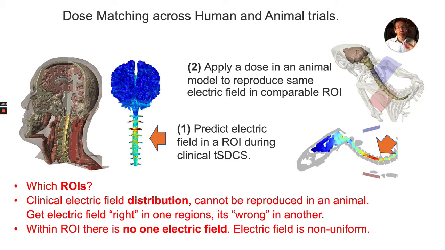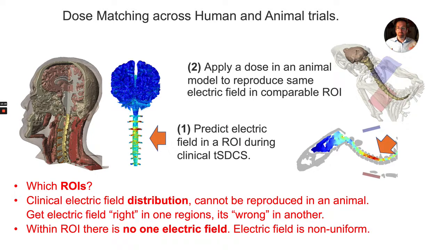But this creates a problem because the spatial distribution of current flow in, let's say, a human case is nothing like that in an animal case or in the rodent case. So if you want to match the electric field in one area, let's say in one segment, and match that in the animal, you can't necessarily do that for another segment.